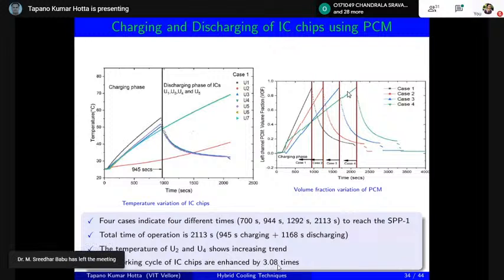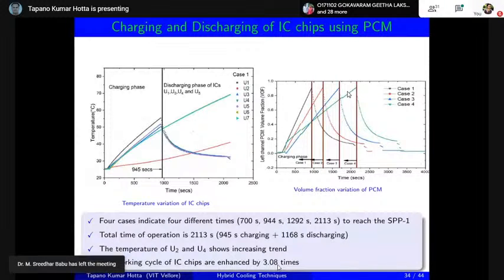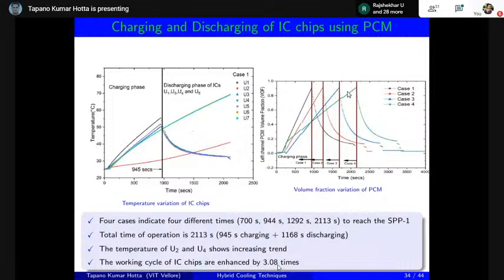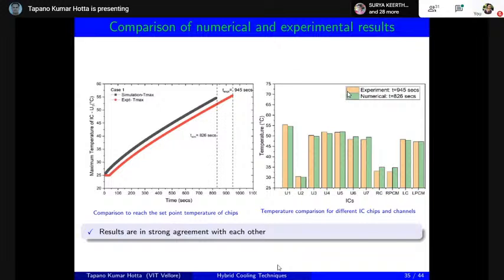So that is the challenge actually, because you want to improve the time so that you can say that effective cooling can occur, there will be temperature reduction, and reliability is more important. You can see that by using these PCM based mini channels, the reliability of the system has increased. And both the experimental and numerical results we have compared, and we found that almost they match with each other.